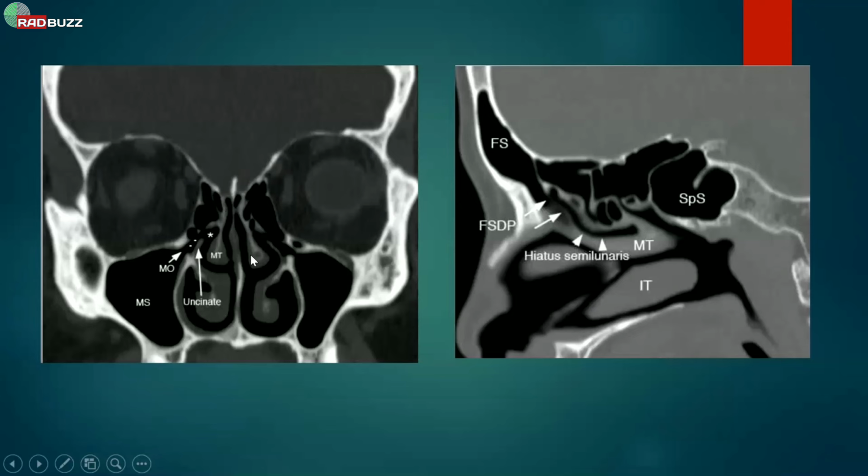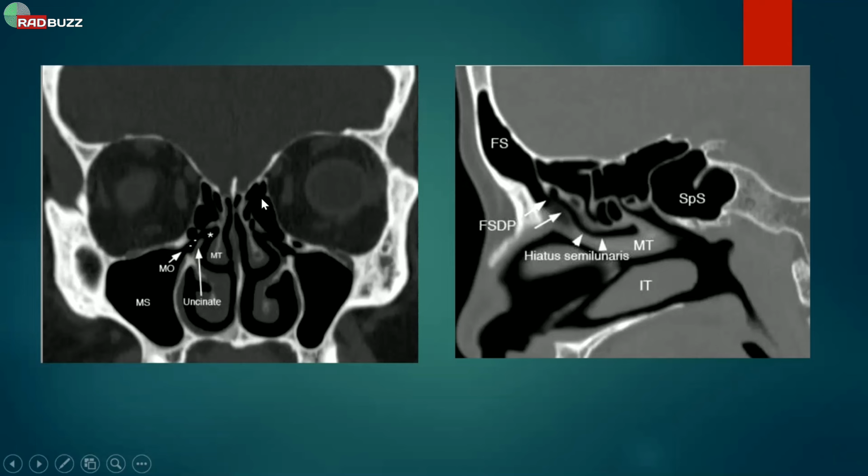That's the middle turbinate and concha. That's the inferior turbinate and concha. You can just see the mucosal thickening, to get a little bit of an idea how hypertrophy or thickening can look. So that's basically the outflow tract for the anterior group of sinuses.